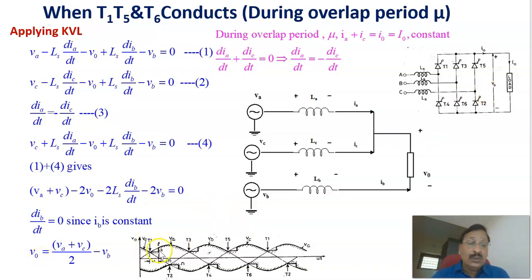That is, during this overlap duration, the output voltage equals (VA plus VC) divided by 2, the phase voltage of A plus the phase voltage of C divided by 2, that is, minus VB. This is the voltage during this overlap period. Therefore, that is the equation for the output voltage during the overlap period.